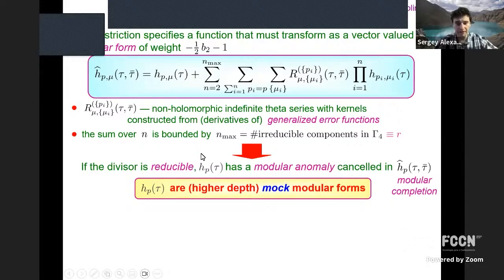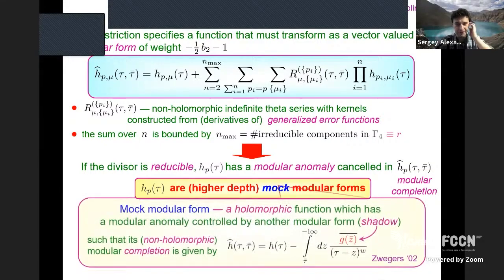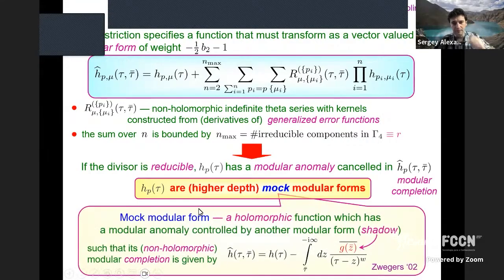And mathematically, all this means that our generating functions are the so-called high-depth mock modular forms. So let me briefly explain again what this word mock means.